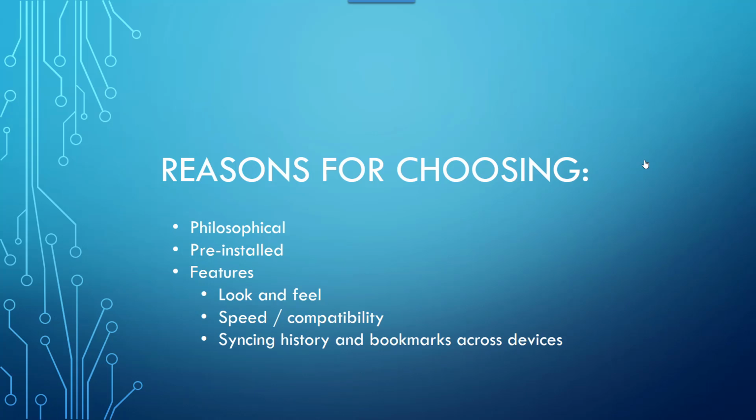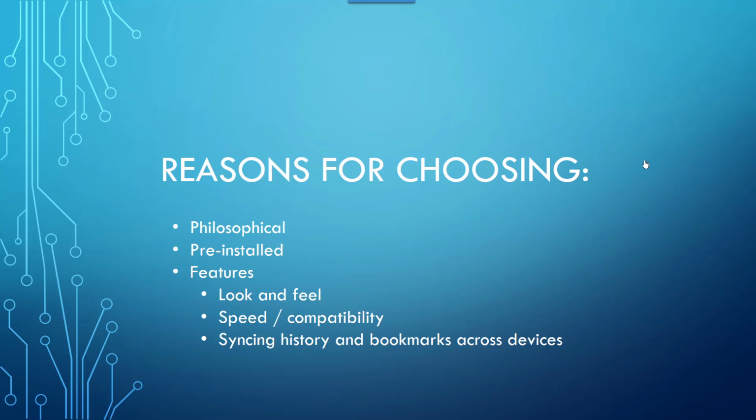If you're a Microsoft person, you might use Edge or Internet Explorer. A lot of times they come pre-installed. Certainly on a Windows machine, you're going to find Internet Explorer and then Edge as of Windows 10 and above. And on a Mac, I'm sure you'll find Safari as the default. So people use whatever is already there and don't give any thought to it at all.